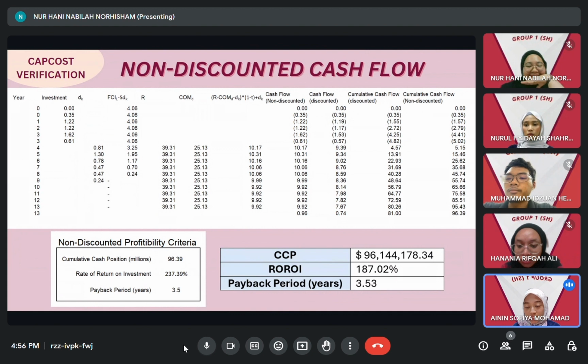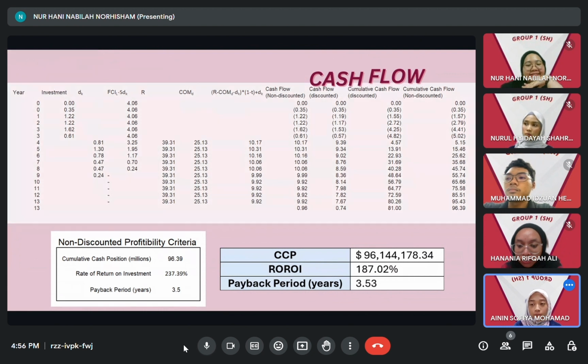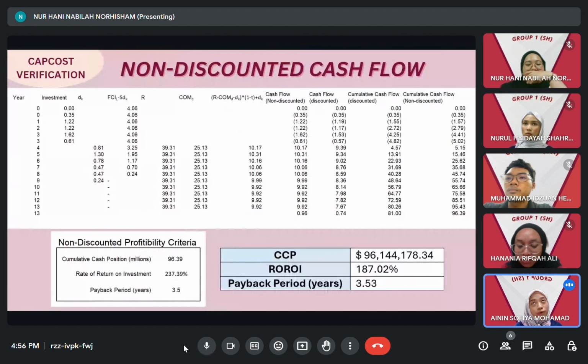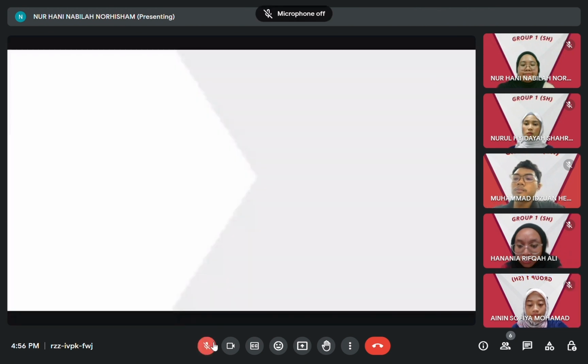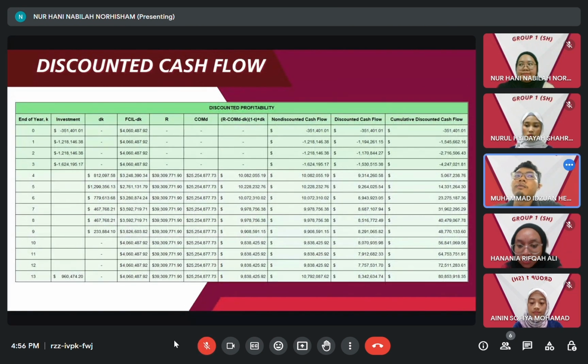And as for the payback period, it's 3.5 years for cap cost, and our payback period is 3.53 years. So it could be summarized that although it has slight differences in the cap cost and manual calculation, the value is still acceptable.